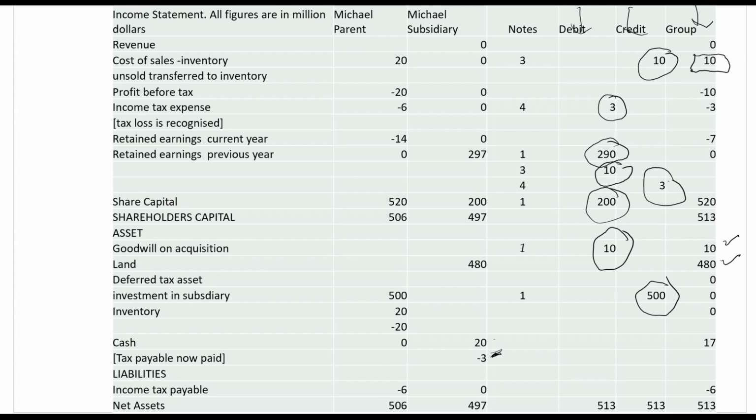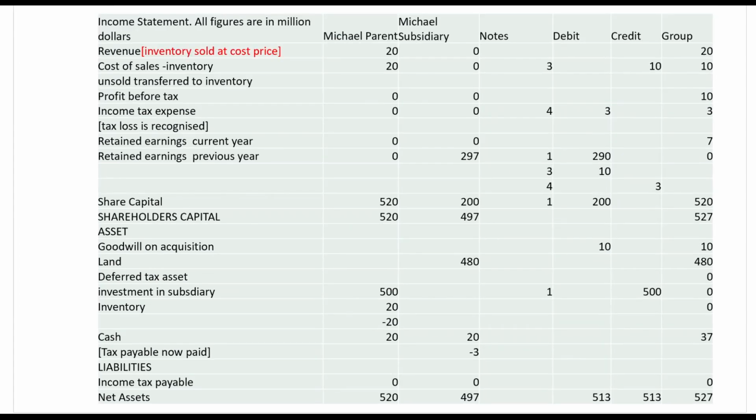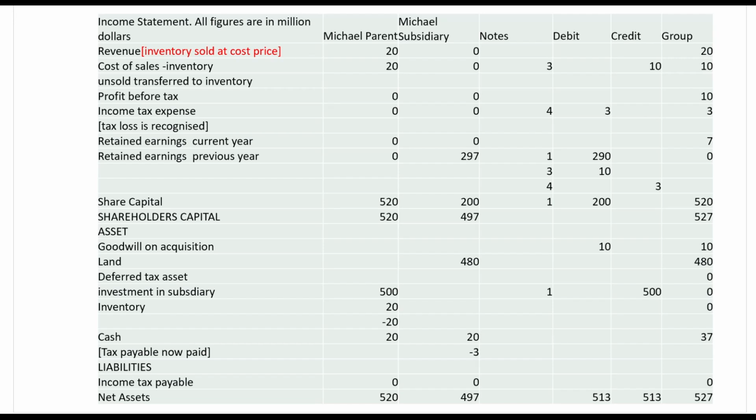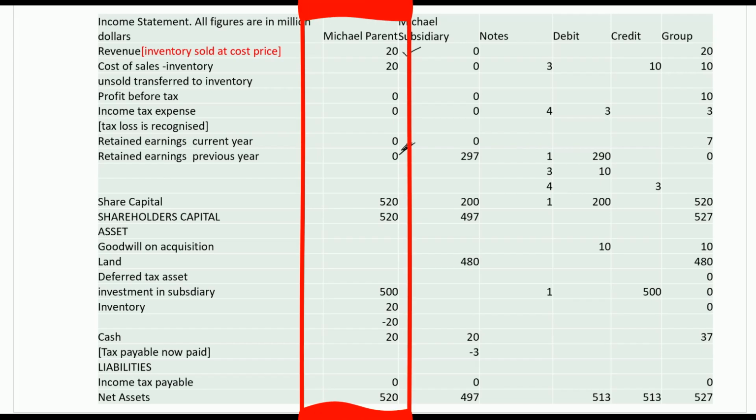Now, if we assume that the inventory was sold on the 1st of July 20X2 year, at the cost price, which is 20 million, then Michael parent would not be making any profit out of it.